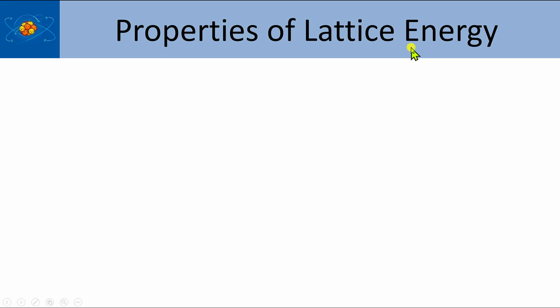Let's talk a little bit about the general properties of the lattice energy. So let's think about a couple of different things. Let's say I have a positive ion and a negative ion, like this. Now, what determines how much energy is released when these two ions come together?